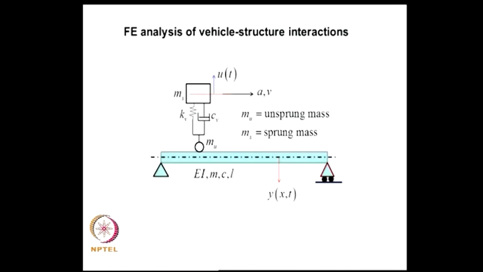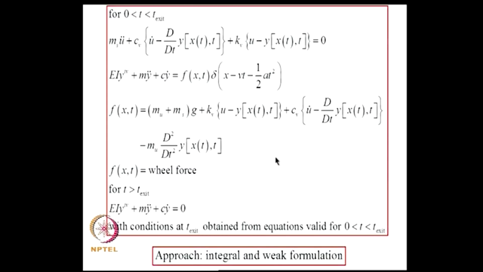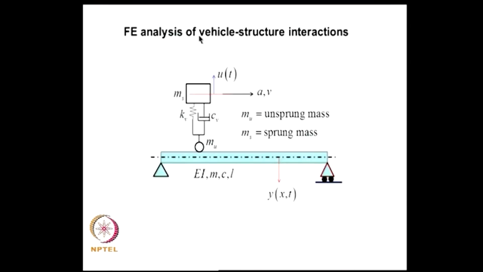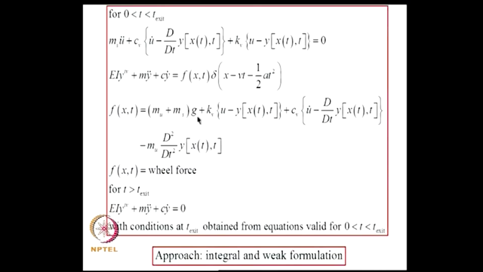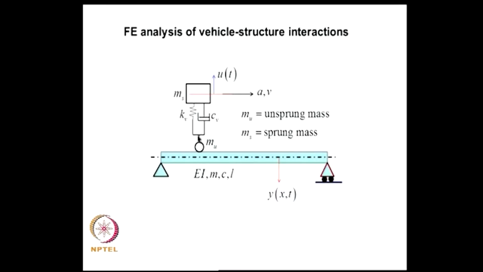So, there will be a degree of freedom associated with the vehicle and a dependent variable y of x of t associated with deformation of the beam. These are the governing differential equations. The equation for u will obviously have the displacement of the beam, because the force in the spring and the force in the damper depends on the relative displacement and velocity between this point and this point.